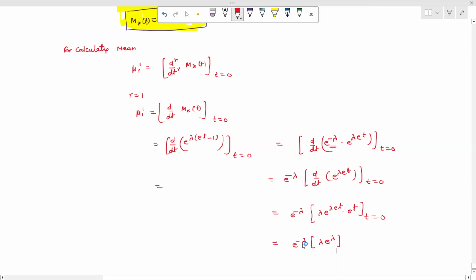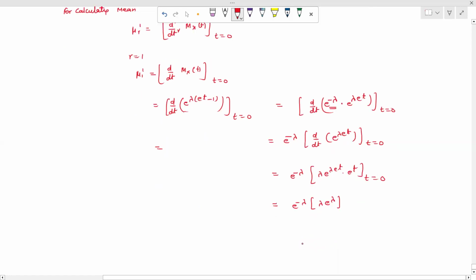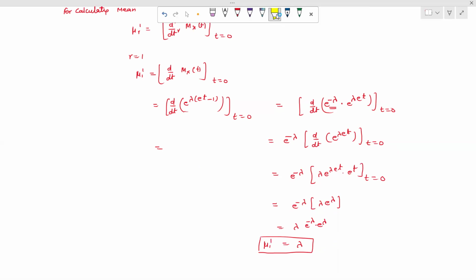Now we write this as lambda e raised to the power minus lambda or e raised to the power plus lambda. The base is the same, we add the powers, so this gives us lambda. So mu1 dash is equal to lambda. It means that the mean of the Poisson distribution is lambda.